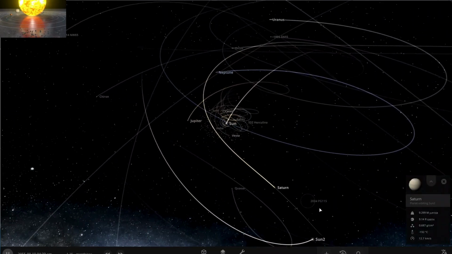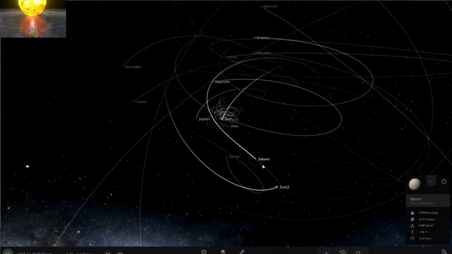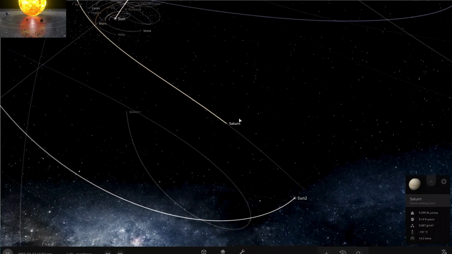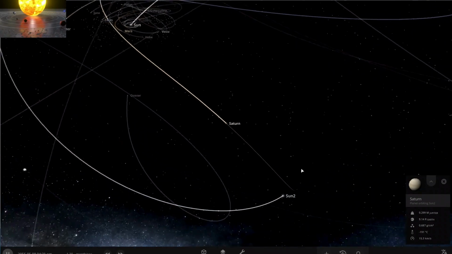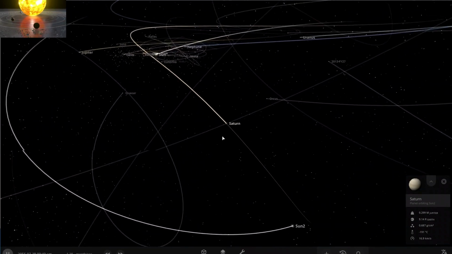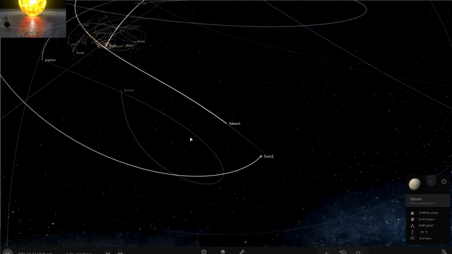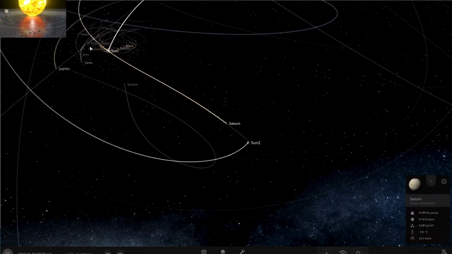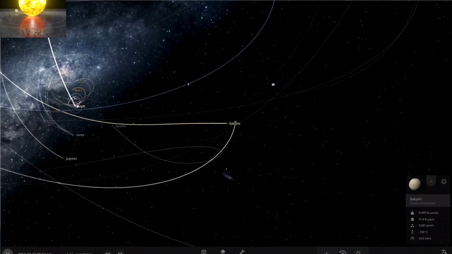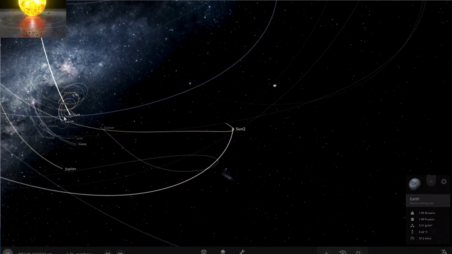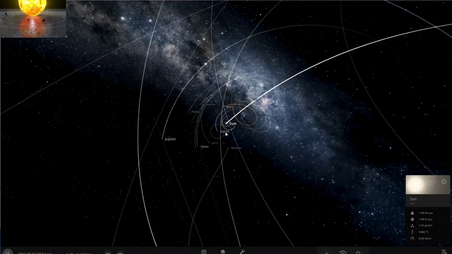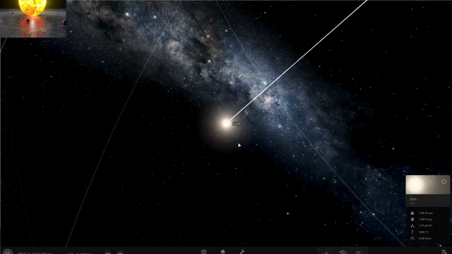Also, we have Saturn, which is far from the first sun, the original sun, and it's getting closer to the second sun, so it can be interesting. And we have Mars here. Let's see what's going on here.